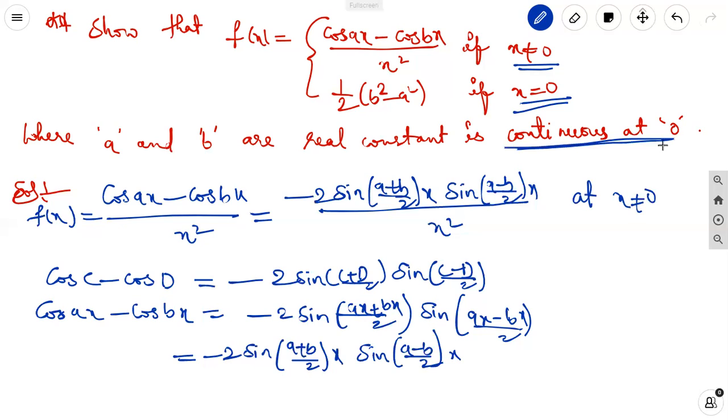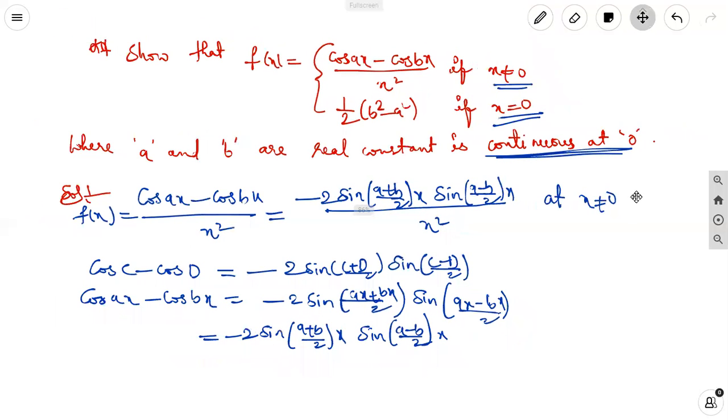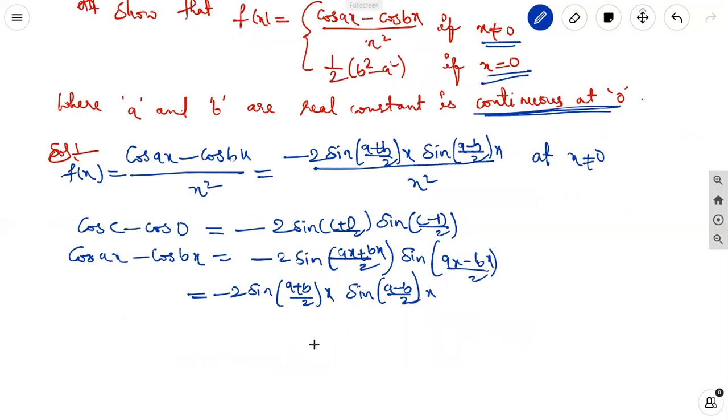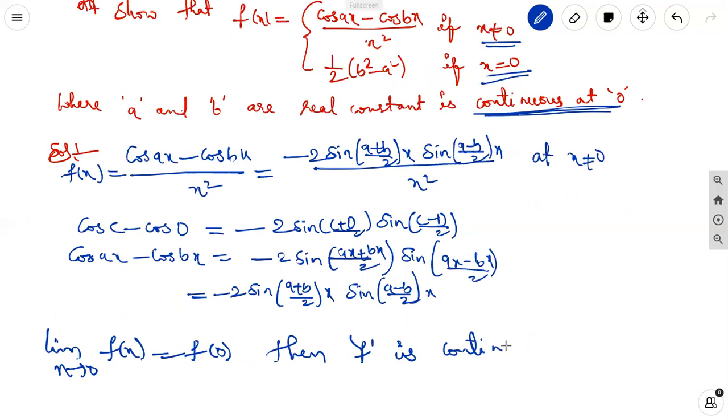It is continuous at x equal to 0 means the limit values are equal: the limit x tends to 0 of f of x is equal to f of 0. Then f is continuous at x equal to 0.